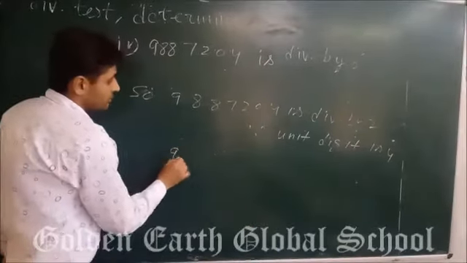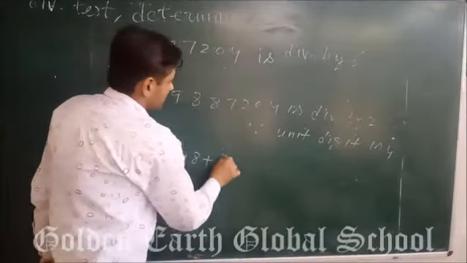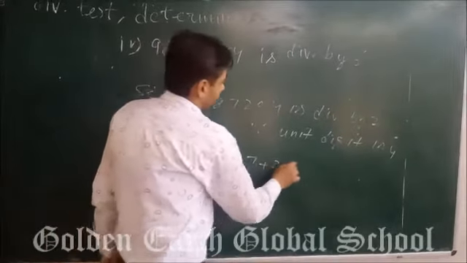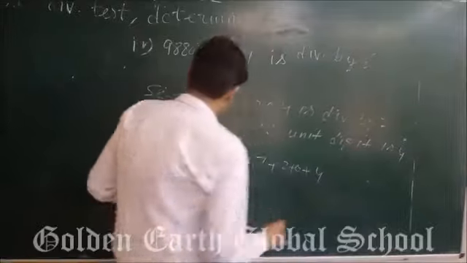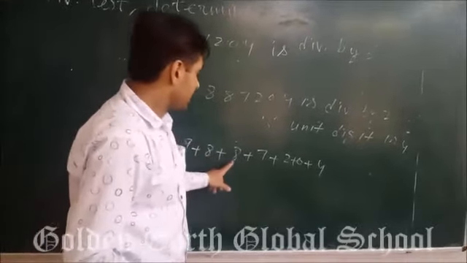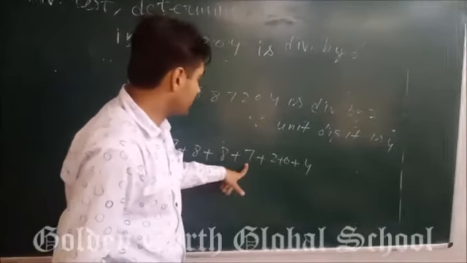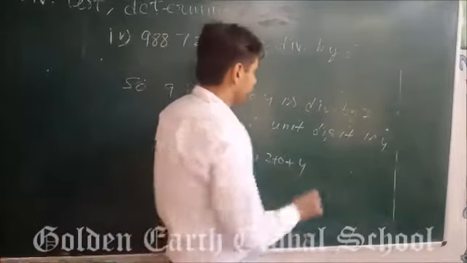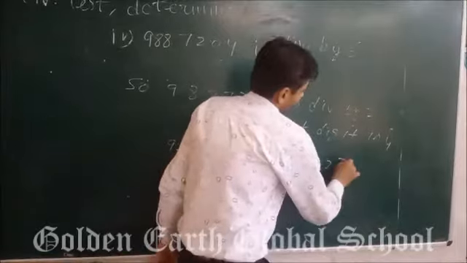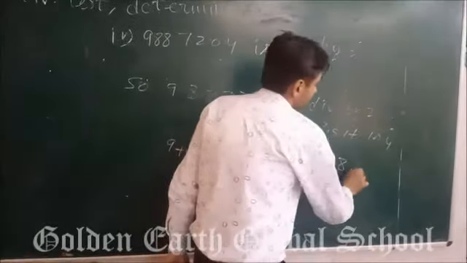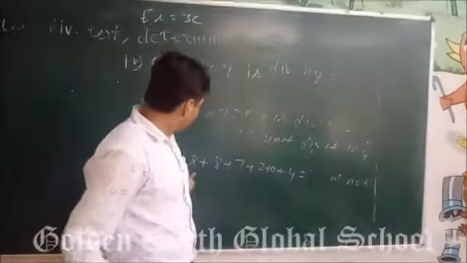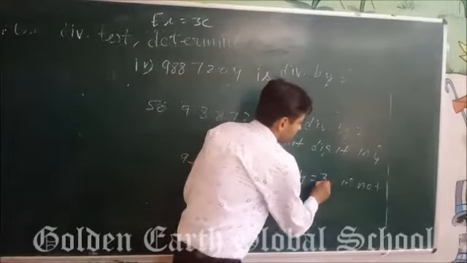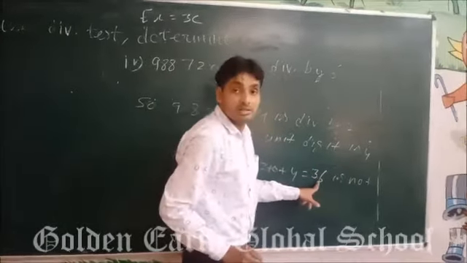Then we add the digits: 9, 8, 17, 8, 25, 7, 32, 2, 34, 0, 4, 38. Check again. When you add these digits, the sum is 36.